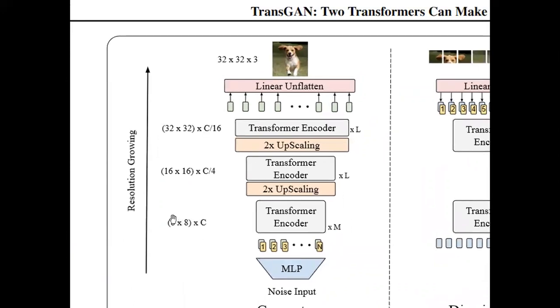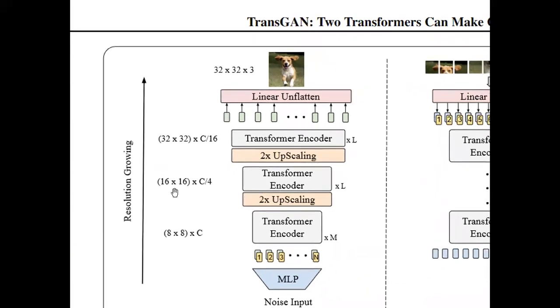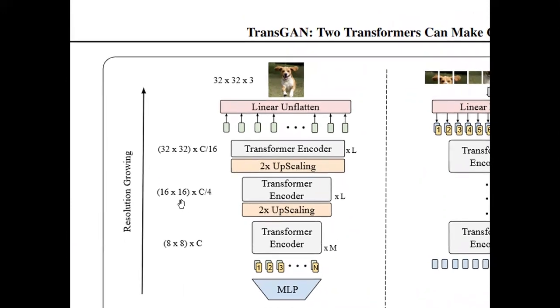We actually put in a lower height and width image with a high channel count, and then we upscale this image. We actually get higher height and width, but fewer channels.